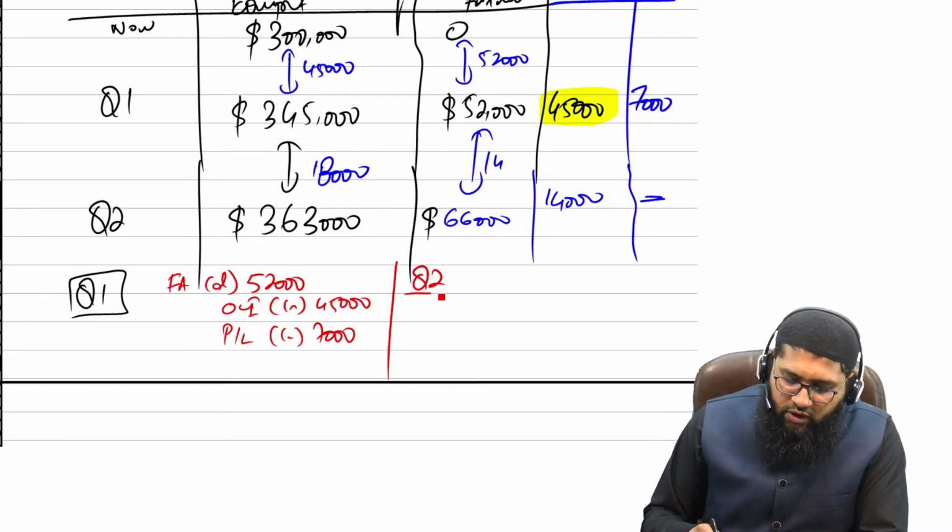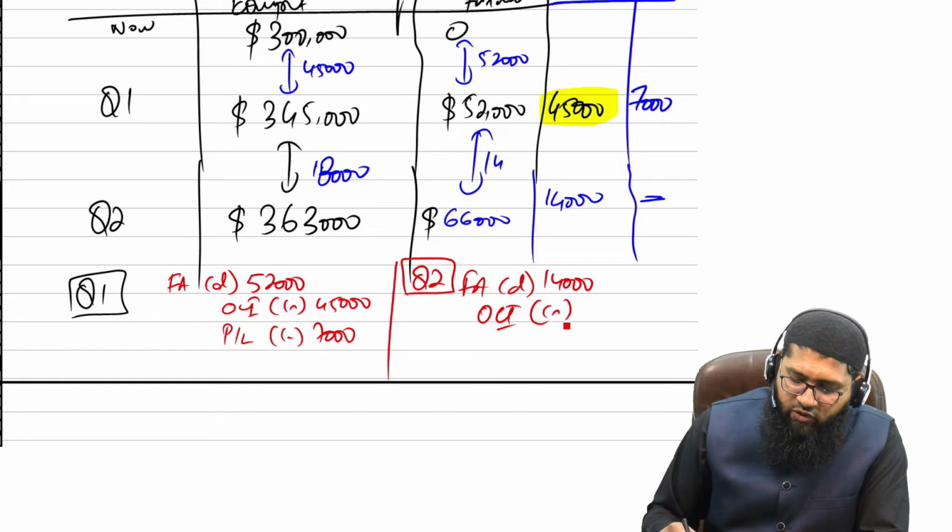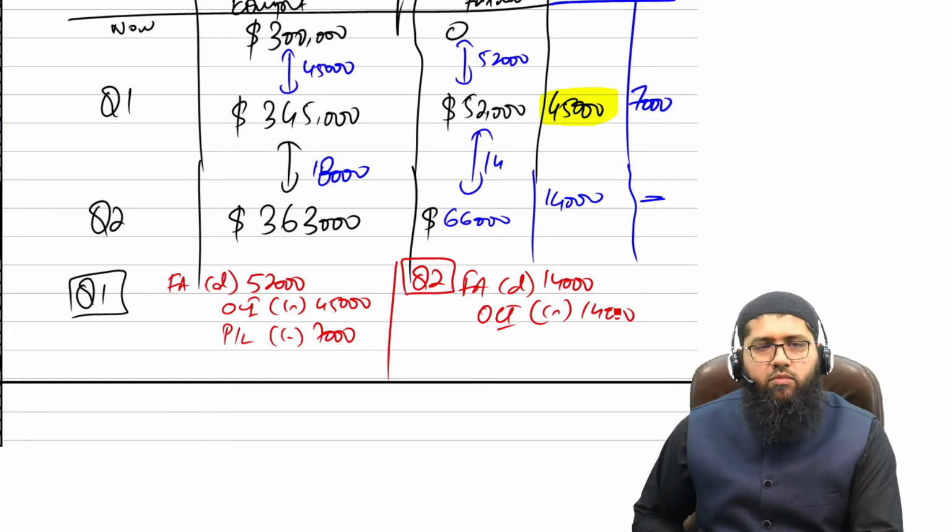And at the end of quarter two, the financial asset is debited by 14,000 and the OCI is credited by 14,000.